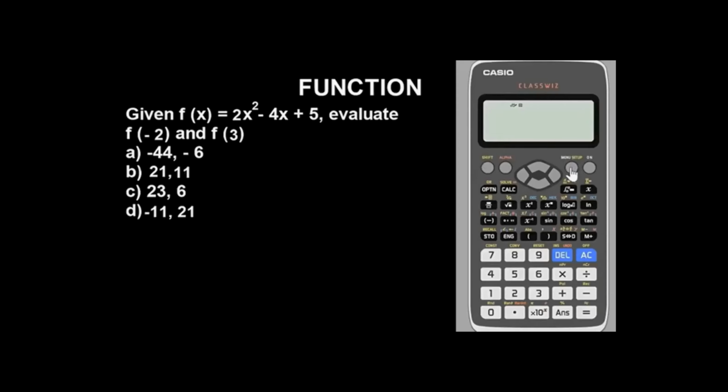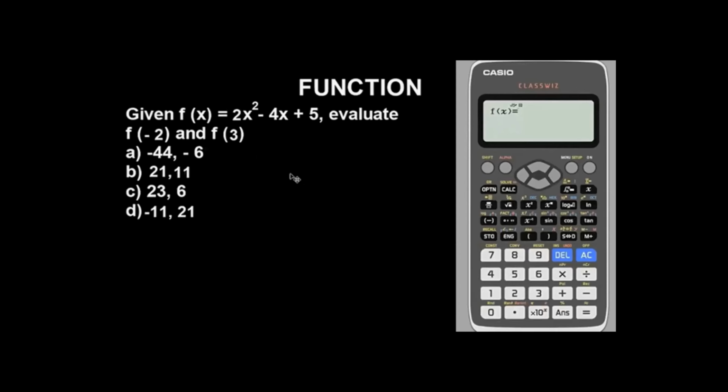So you go to Menu to put your calculator in that mode. These are the various modes of the calculator. You go to option 9, that's Table. So you press 9, and you will see f(x) equals. Let's put what we have. In calculus, another term for f(x) is y.